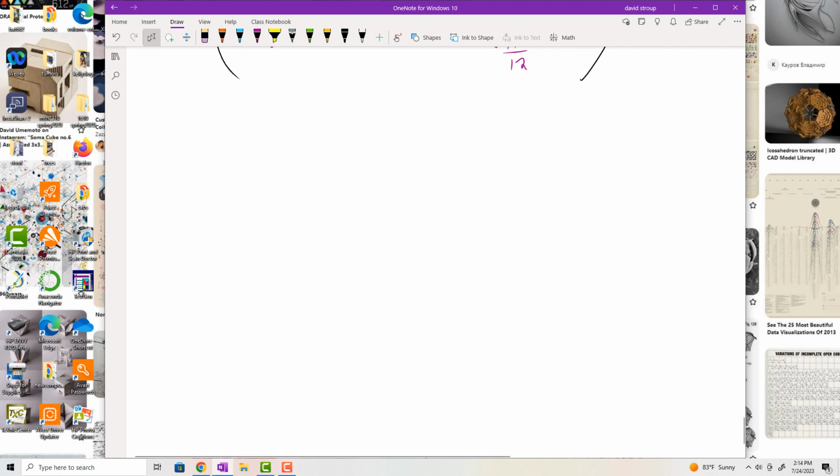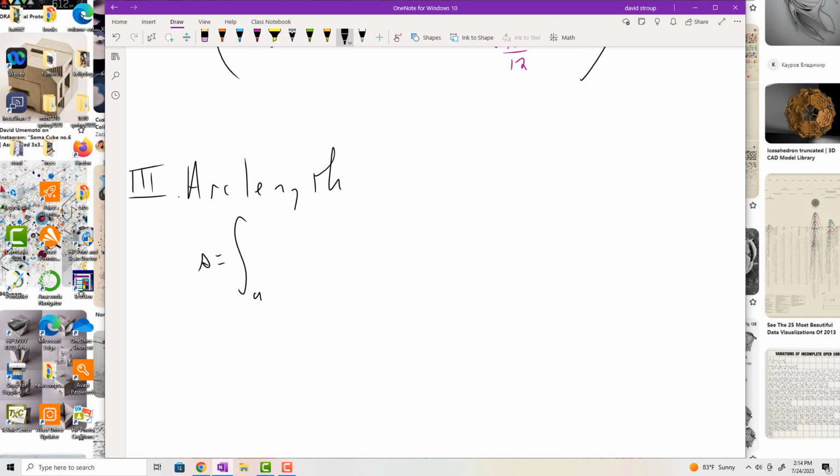Okay. So arc length then is the last thing. And we've had 2 arc length formulas so far. Arc length from A to B is the integral of the square root of 1 plus f prime of x squared dx.